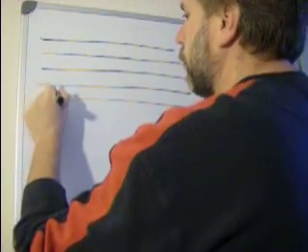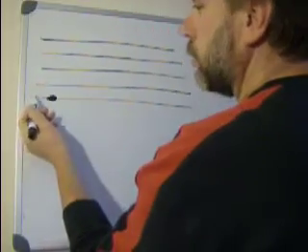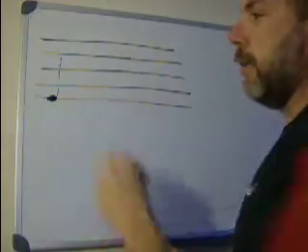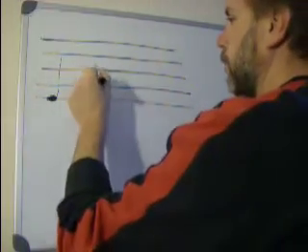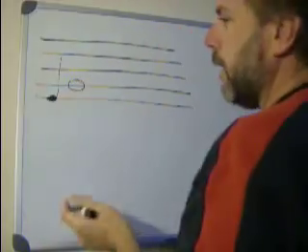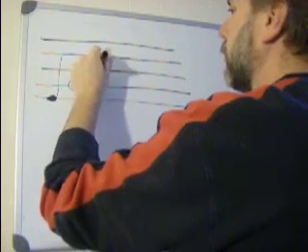Now, if I put a note on this line right here, that means that line is going through the note. We call that a line note. This is a line note. It doesn't matter if it's white or black, or if it has a stem or does not have a stem.